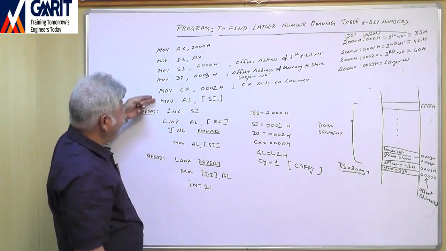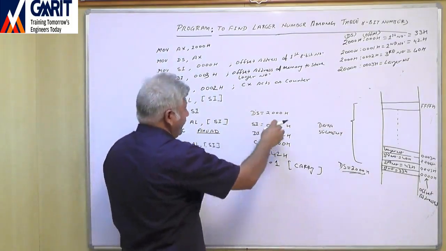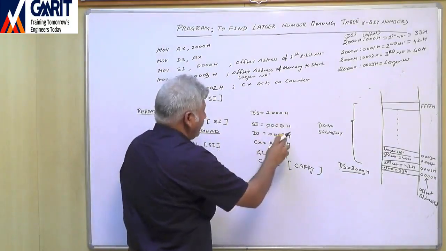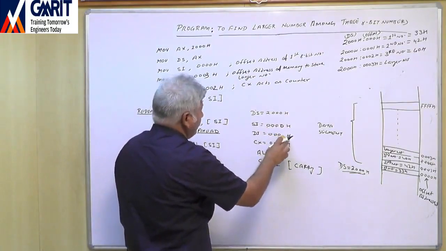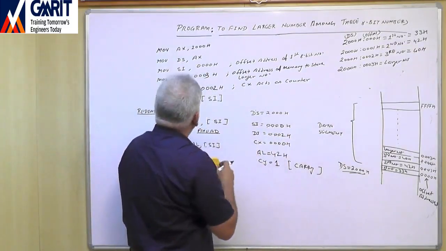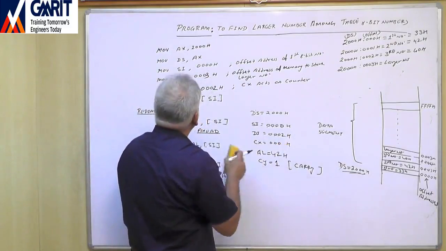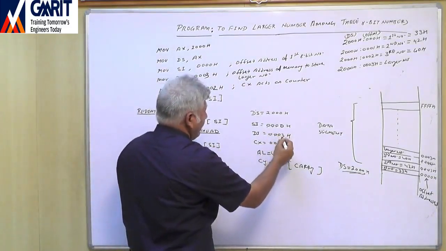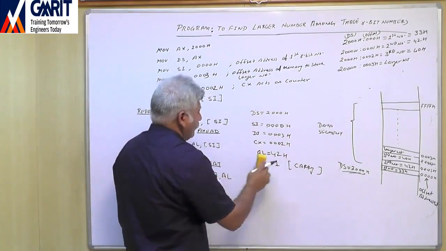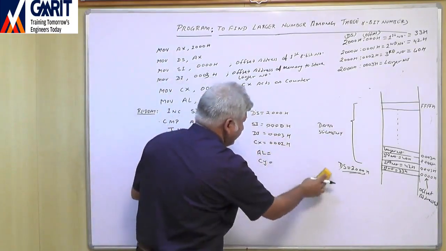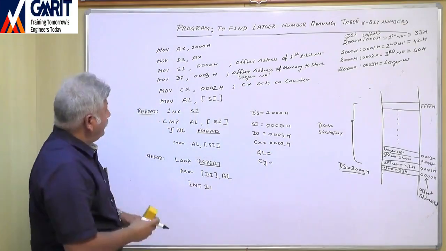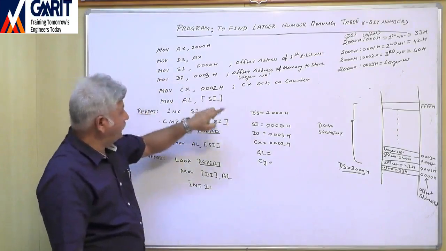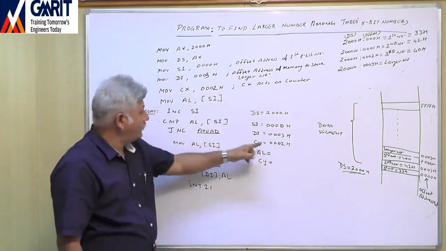Initially SI is 0000, DI is 0003 and CX is 0002.